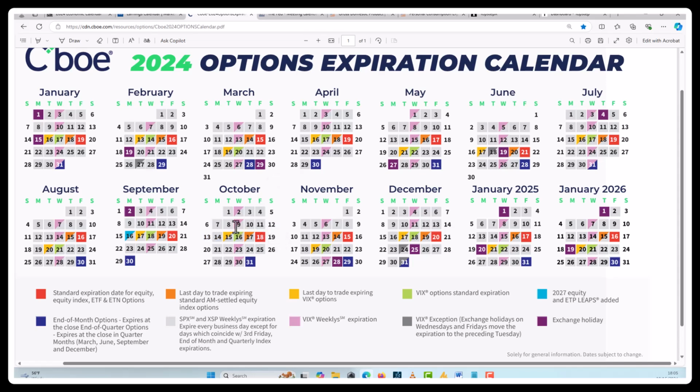And by the way, we forgot to mention that October is earnings reporting season. So we have earnings reports in April for the first quarter, and then we have earnings reports from July, August for the second quarter. So basically, March and April is the earnings season, and then July, August, and then we have October.